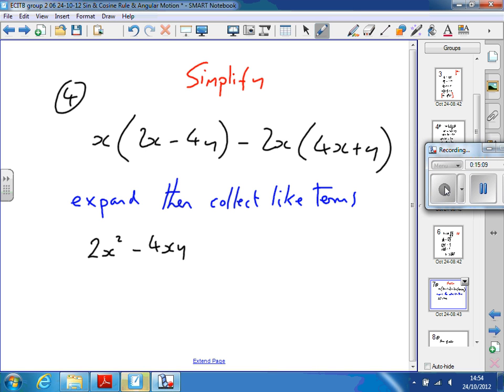Minus, watch this one because you have to be careful with signs here, minus 2x times 4x is minus 8x squared. And the last one, minus 2x times y is minus 2xy. So be careful about the signs there. They end up both being negative.